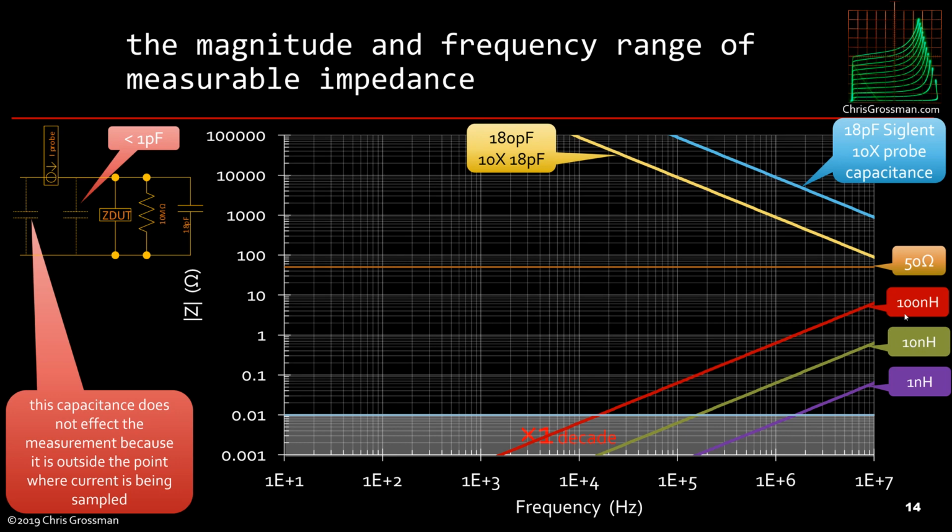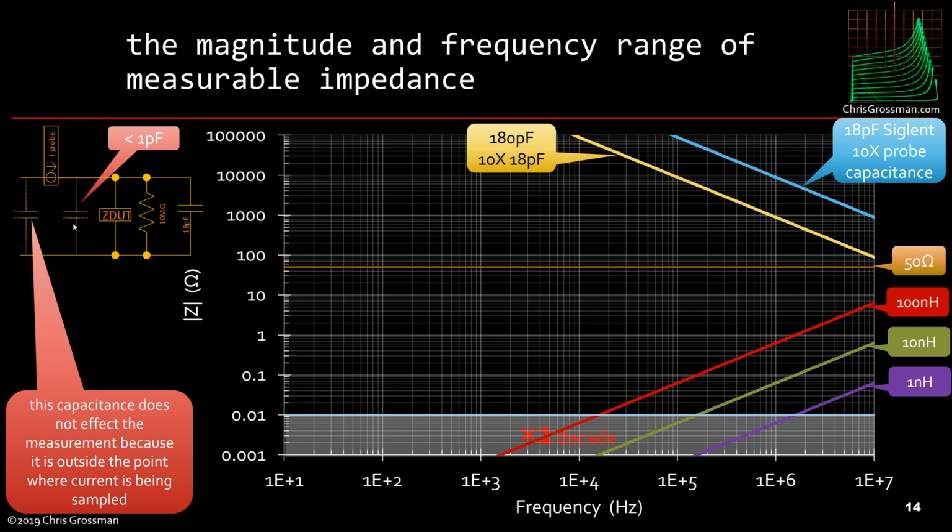And without too much trouble, you can get up to 100 nanohenries. And so you can see that's going to limit the actual smallest impedances you can measure at high frequency. And if you're not careful, these will show up. These are really soft numbers because these are not fixed. These depend on what you do and could show up in your measurements. But you have to be aware that this can happen.